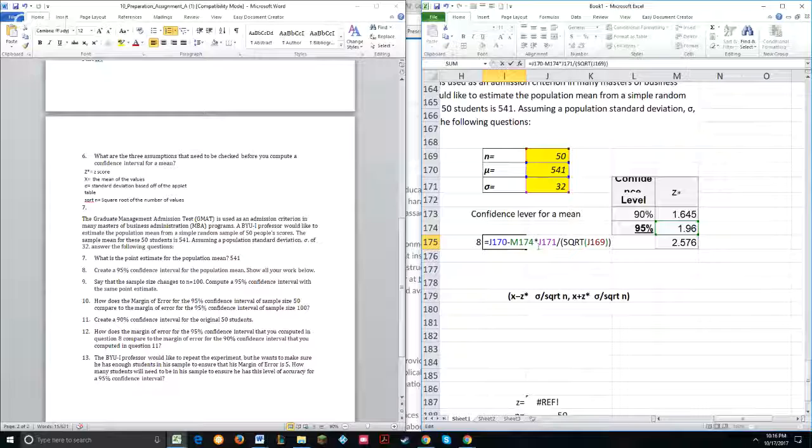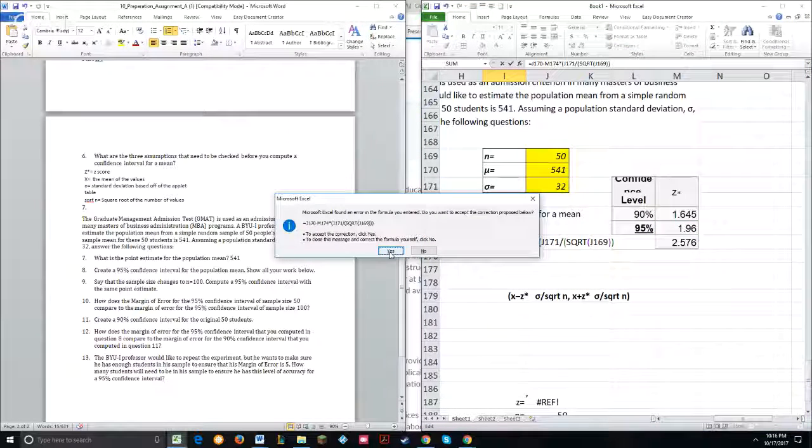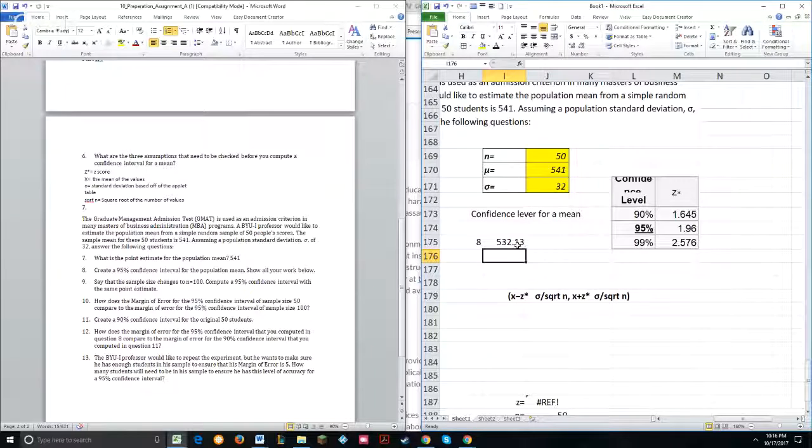I think you could do that. Put the parentheses right there. Like that. Yeah, what does that give you? 532.13. How about you go back into it? Put a parentheses in between the M and the 174.